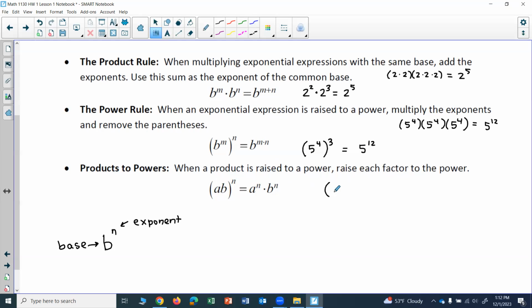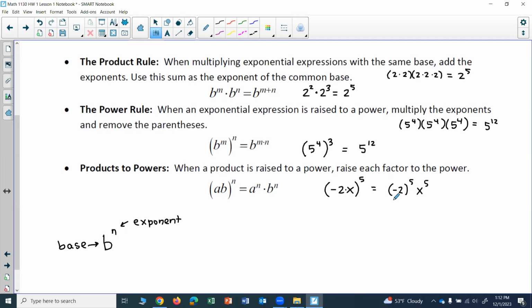So for example, say I had -2 times x, I'm going to use x instead of another number, raised to the 5th power, that would equal -2 raised to the 5th power times x raised to the 5th power. So the power goes to both parts of the product.